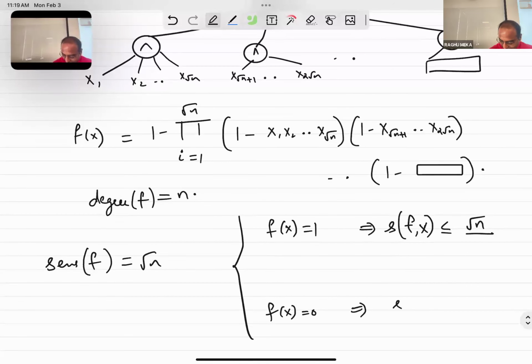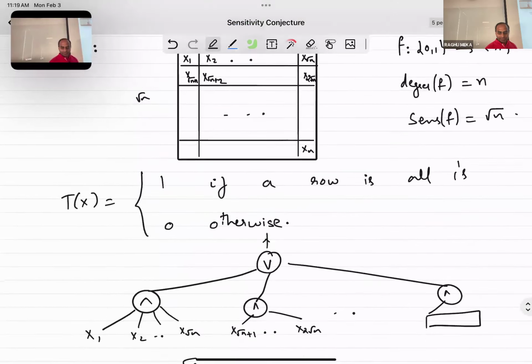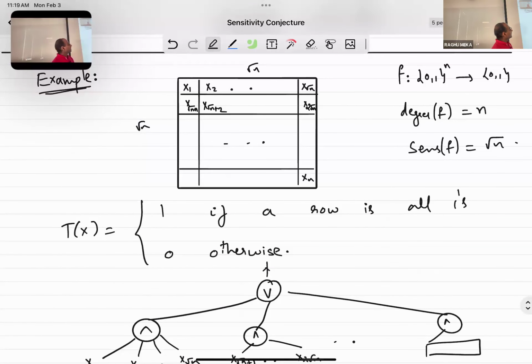On the other hand, if it is 0, my claim is the sensitivity is once again small. Why is that? The function is 0, meaning to change it back to 1, you need to change something, but how can you change? Any guesses?